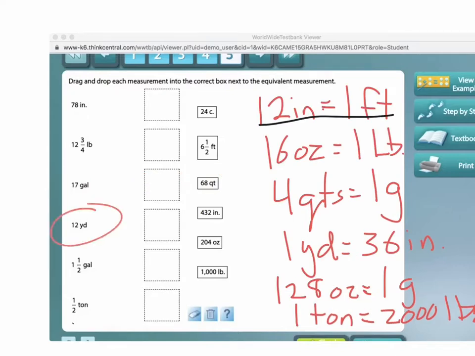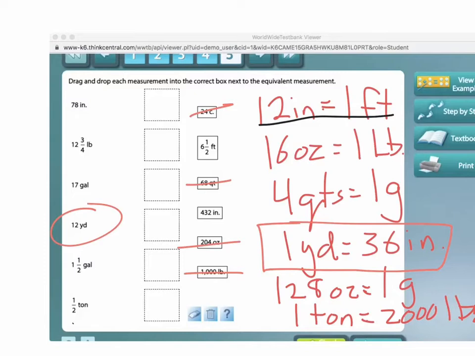For the next problem, we are converting yards into another form of linear measurement. So yards are not going to equal cups. Yards could be feet. Yards are not going to be quarts. Yards could be inches. Yards are not going to be ounces. And yards aren't going to be pounds. So it's going to be either 6.5 feet or 432 inches. Well, 1 yard is equal to 36 inches. So 12 yards would be 12 times 36.